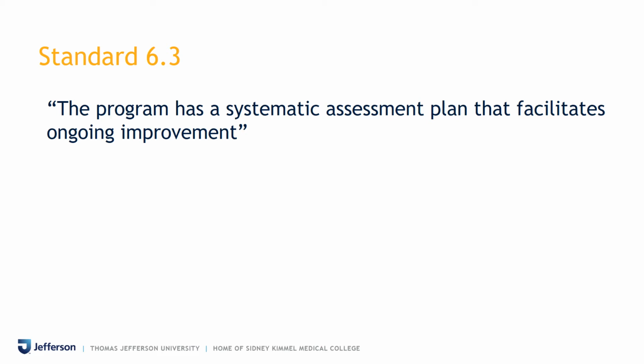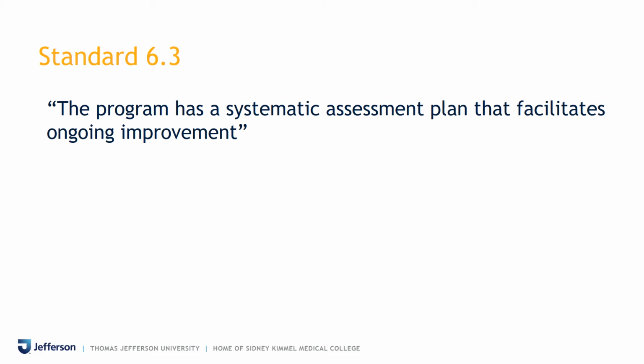This is really when you have a site visit or do a self-study. If your assessment plan is weak, you're going to have a difficult time getting a full accreditation without any citations or setbacks.